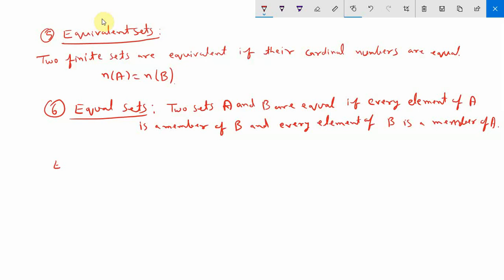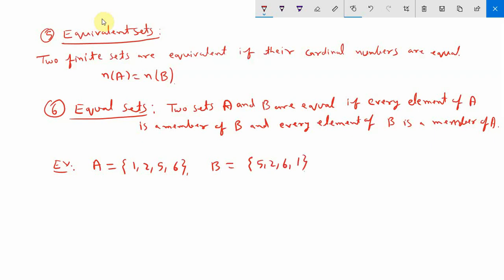Now we will consider an example of equal sets. Suppose A equals {1, 2, 5, 6} and B equals {5, 2, 6, 1}.